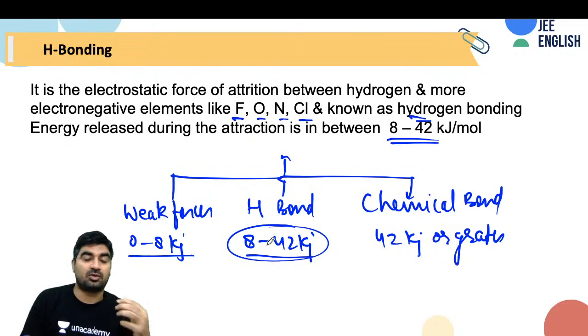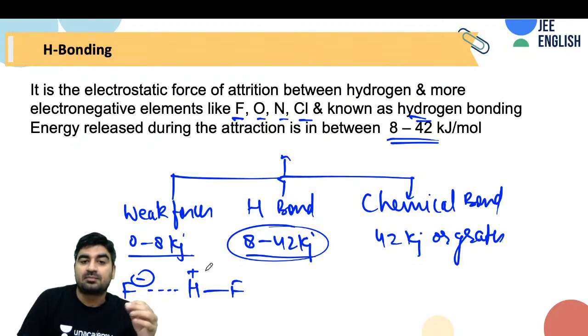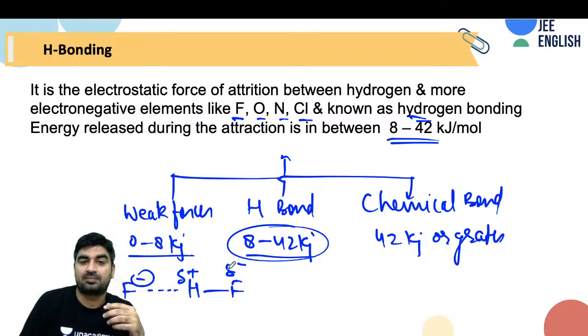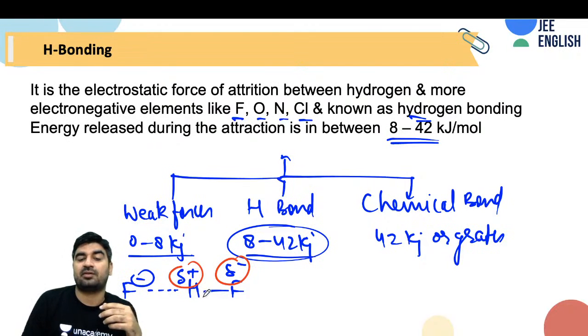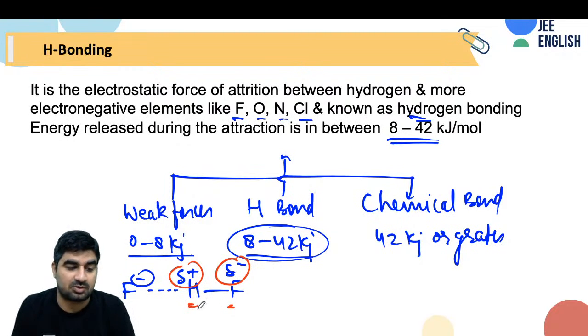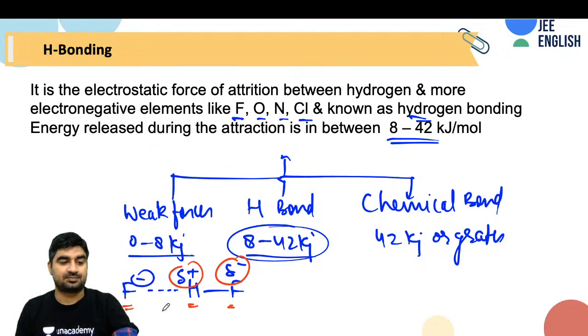In hydrogen bond, again I'm telling you, this is HF, this is F minus, so there will be positive and negative, but this is partial positive, this is partial negative. Why? Because of electronegativity difference. Fluorine is more electronegative, so it will attract the shared pair of electrons and get a partial negative charge, and hydrogen will get a partial positive charge, and due to that you get F minus.